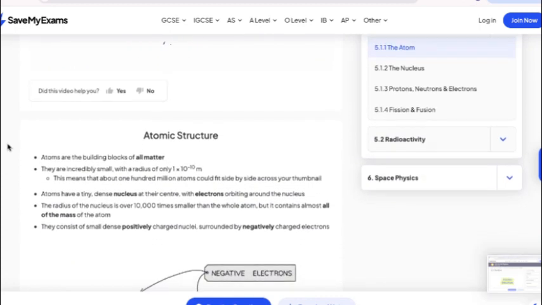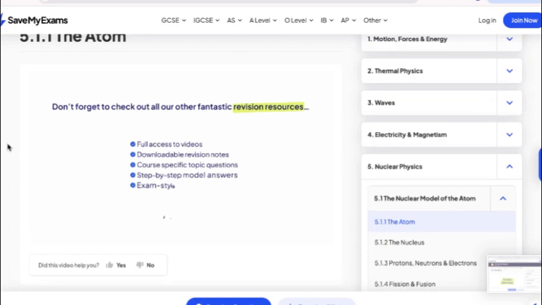Still looking at the structure of the atom, we say they have relative masses and charges. The proton has a mass of 1 and a charge of plus 1. The neutron has no charge, but it has a mass of 1, while the electron has a negative charge of minus 1, and the mass is very negligible, very small.